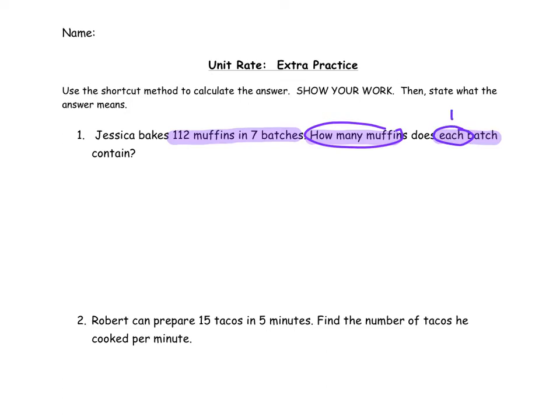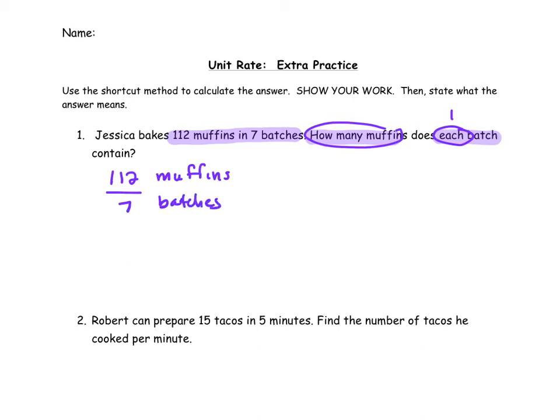So we could use the proportion method, but we've discovered that after using the proportion method and showing the shortcut, it is more efficient. So we're going to start with 112 muffins because they ask us how many muffins per batch. So we're trying to figure out how many muffins we can do in one. But they gave us 7 batches.